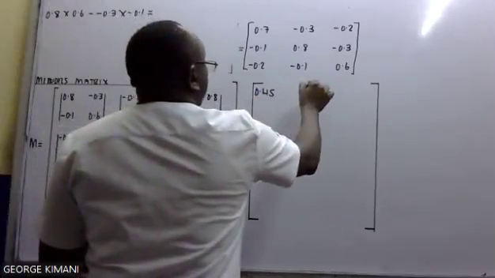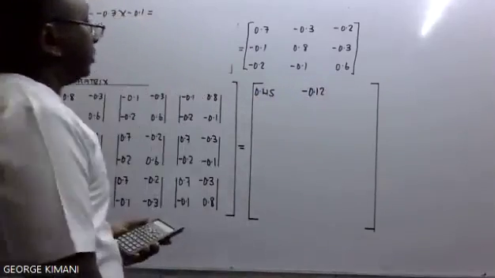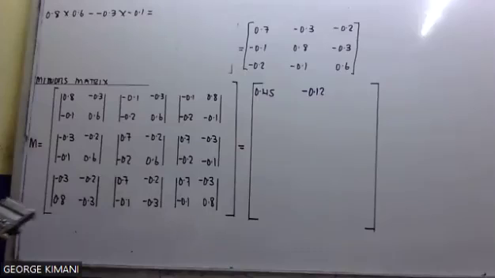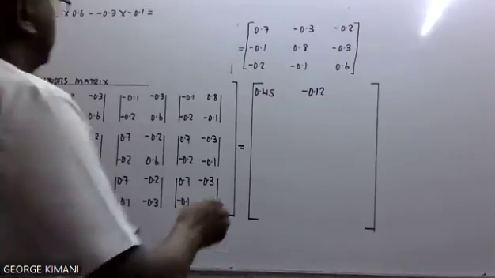Yeah, negative 0.12. Then minus 0.1 times minus 0.1, minus 0.2 times 0.8, 0.17. Good.